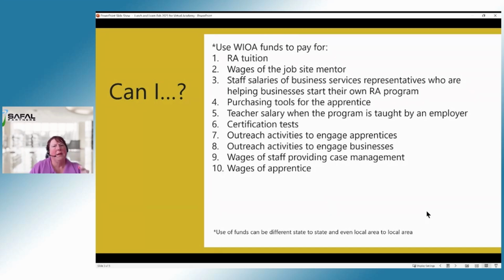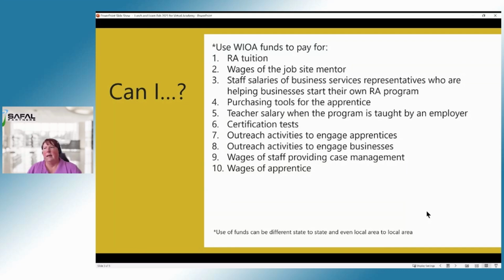If they are employed by the employer and they want them to be the teacher for the registered apprenticeship program, you would need to be working on basically an incumbent worker training contract, or you can also include that as part of an OJT contract.